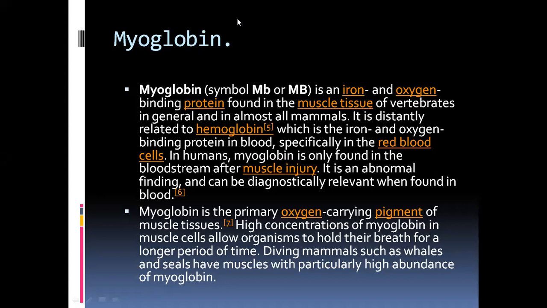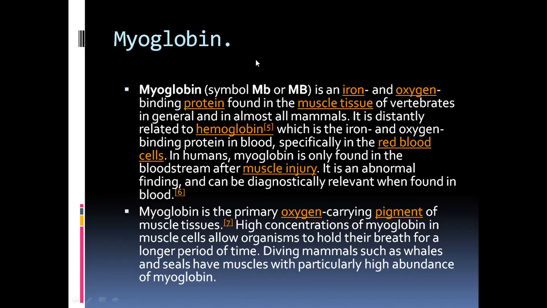Myoglobin, symbol Mb, is an iron and oxygen binding protein found in the muscle tissue of vertebrates in general and in almost all mammals. It is distantly related to hemoglobin, meaning it resembles hemoglobin.